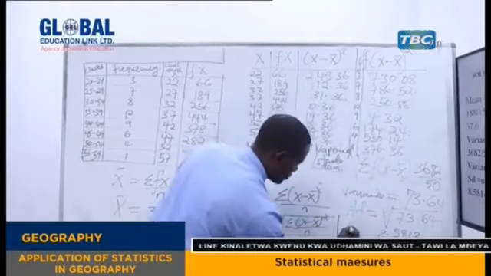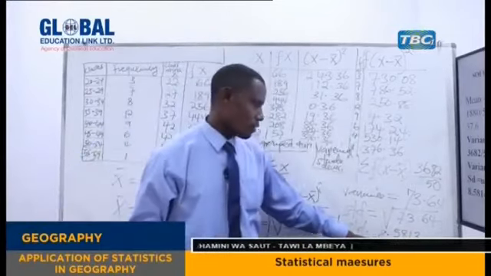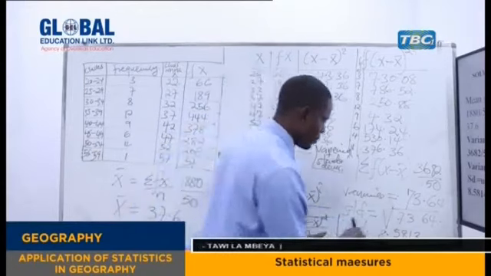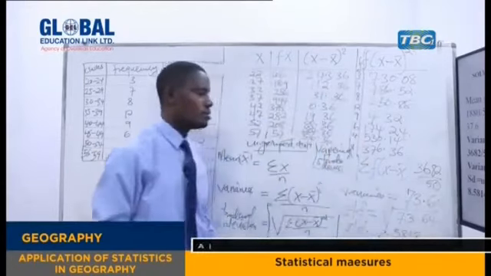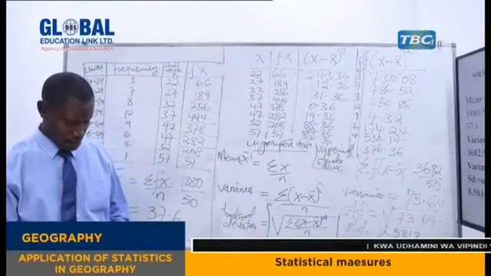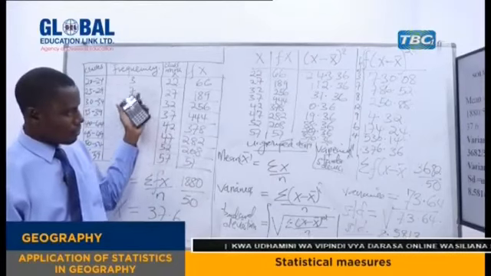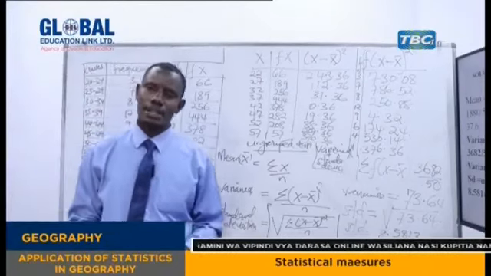So this is the standard deviation. Then the variance is 73.6. So that's how you can solve question number 2, where you have been given the data already in a frequency table, and you are supposed to find the variance plus the standard deviation.